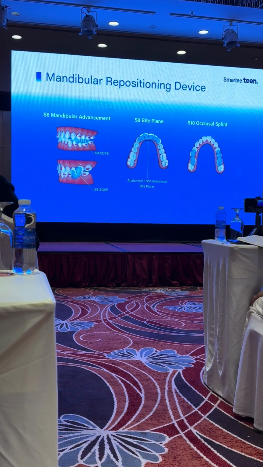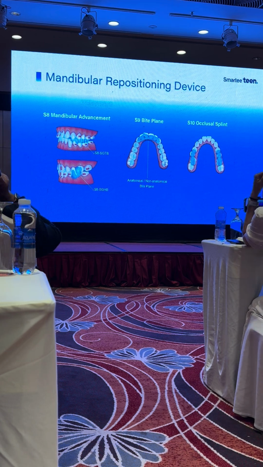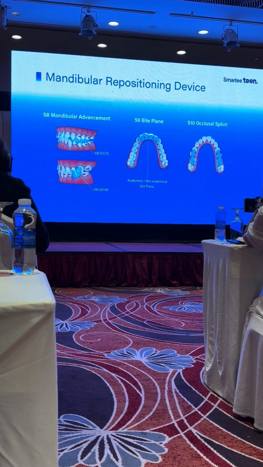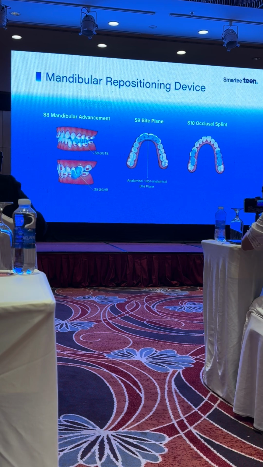So this is S8, and then this is S9. S9 has two kinds of performance, anatomical or non-anatomical. In most cases, we only need the non-anatomical type because of the vertical problem. If the patient has a vertical problem, we need to increase the height of the lower third.